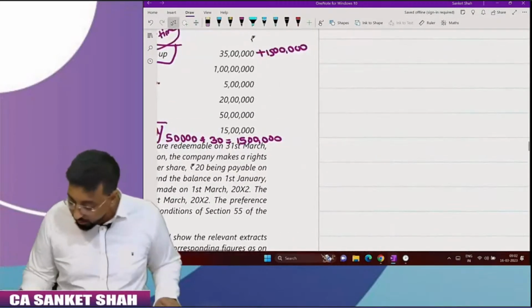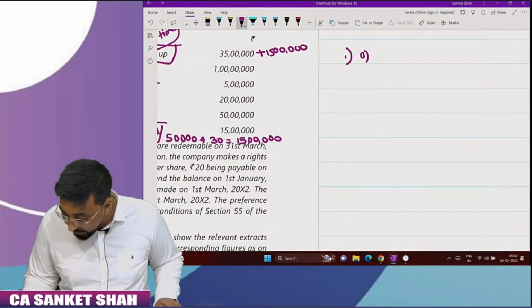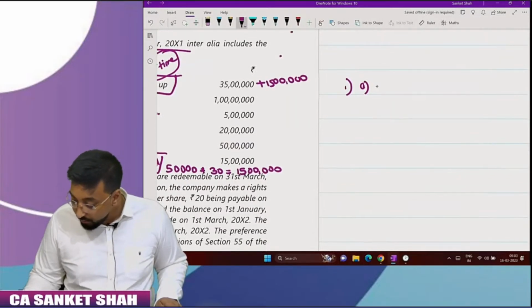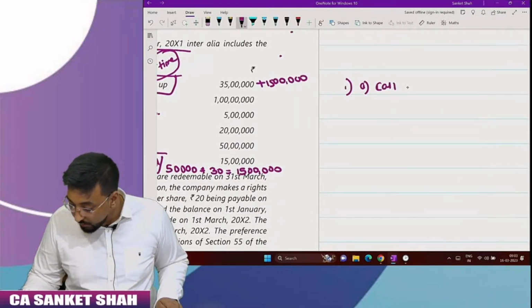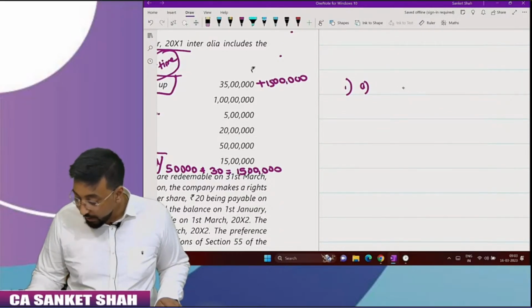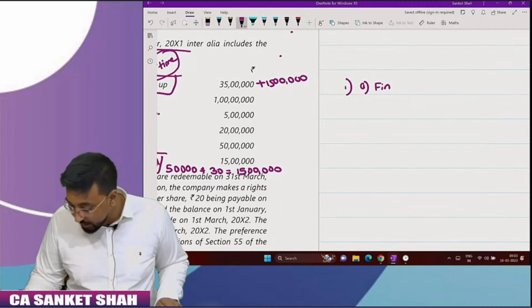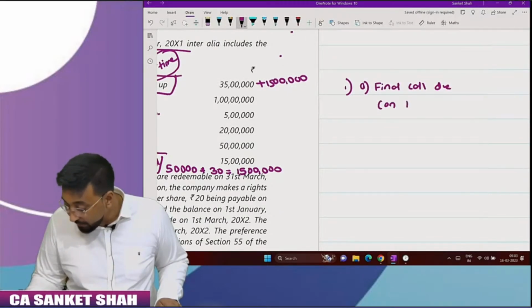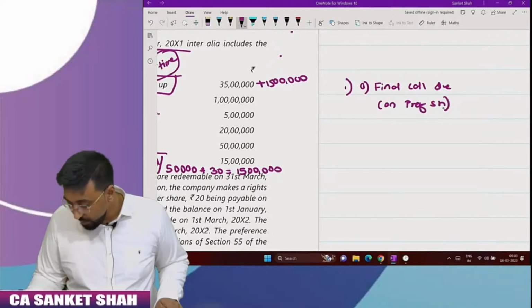Write the sequence of entries. Number 1, A. Here, final call due on preference shares.